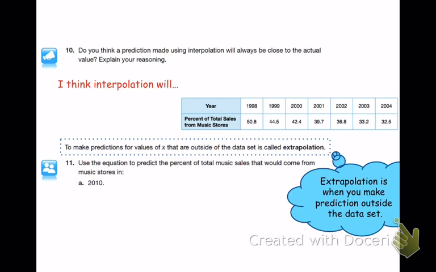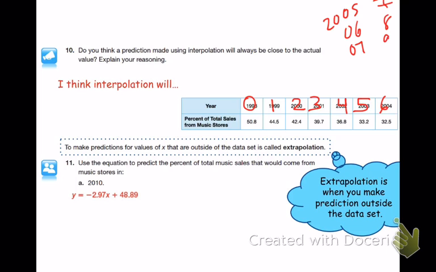Number 11 says use the equation again to predict the percent of total music sales that would come from music stores in 2010, outside our data. Here's our equation. What is 2010 in terms of our years? Remember, this is 0, 1, 2, 3, 4, 5, 6. That's 2004. So 2005 would be 7, 2006 would be number 8, 2007 would be number 9, 2008 would be 10, 2009 would be 11, and 2010 would be number 12.